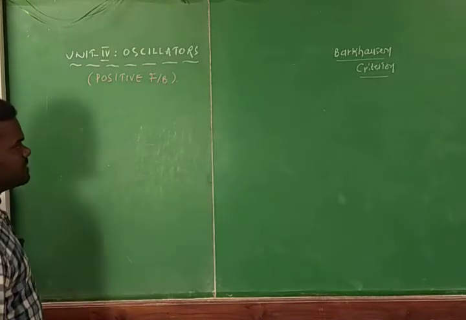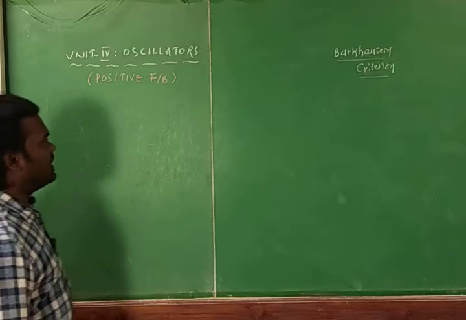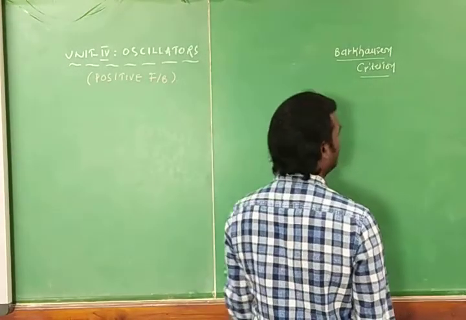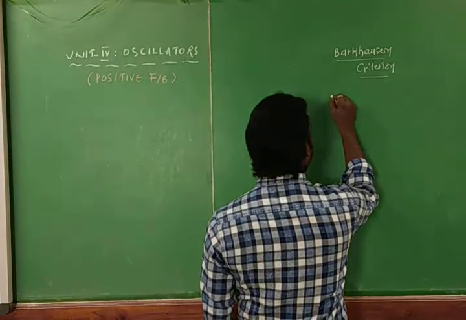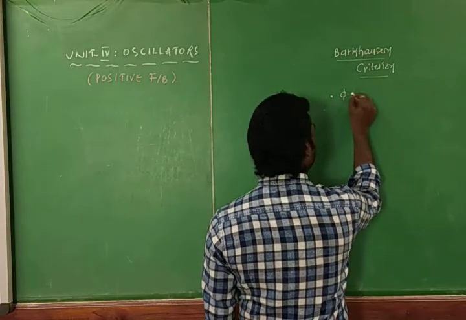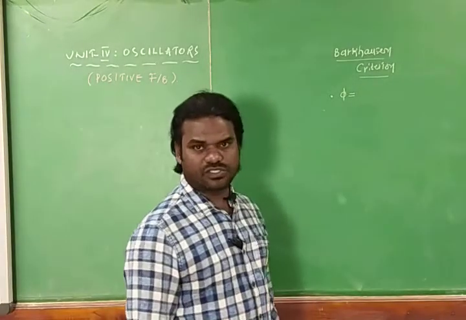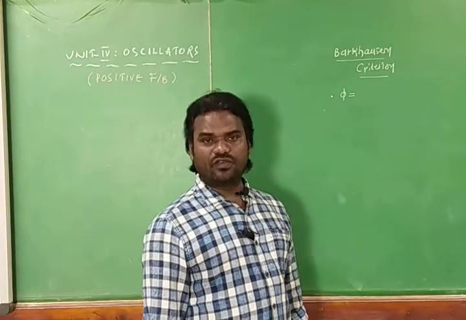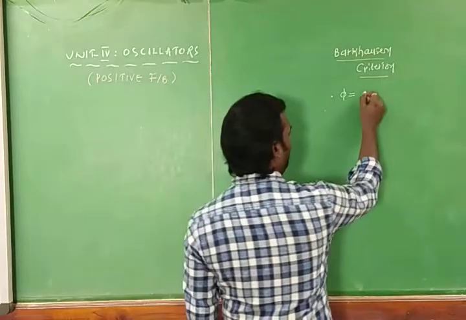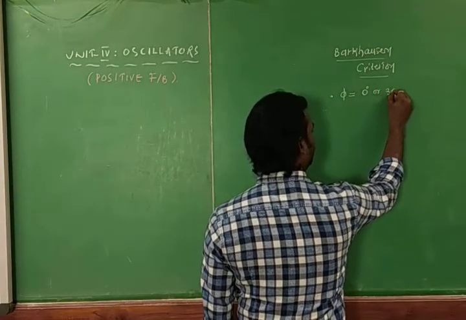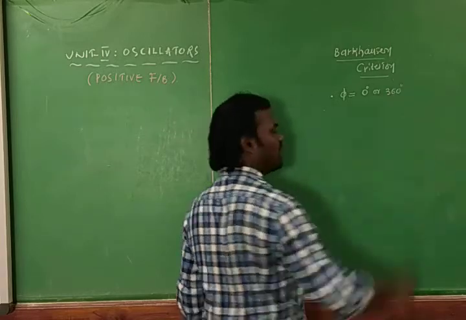So the first condition in the Barkhausen criteria: the phase difference between the input signal, that is the source signal, and the feedback signal must be 0 degrees or 360 degrees. That is the first condition to have the sustained oscillations.